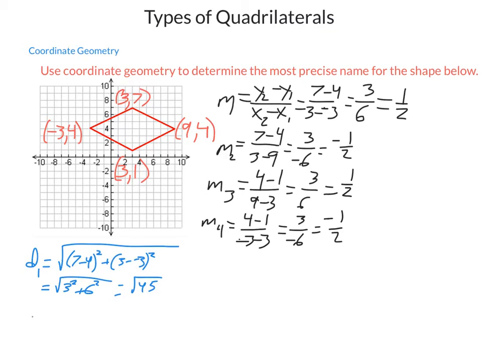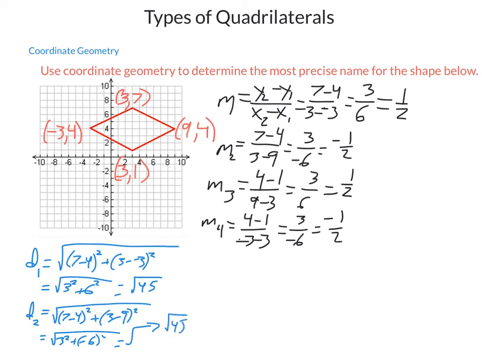Top right side, distance 2, I will have square root of, again, (7 minus 4) squared plus (3 minus 9) squared. That becomes the square root of 3 squared plus negative 6 squared. Now when you square a negative, it still comes out positive, and I end up with the square root of 45.